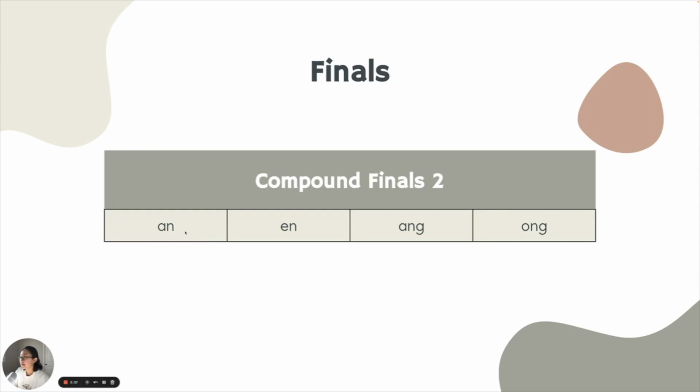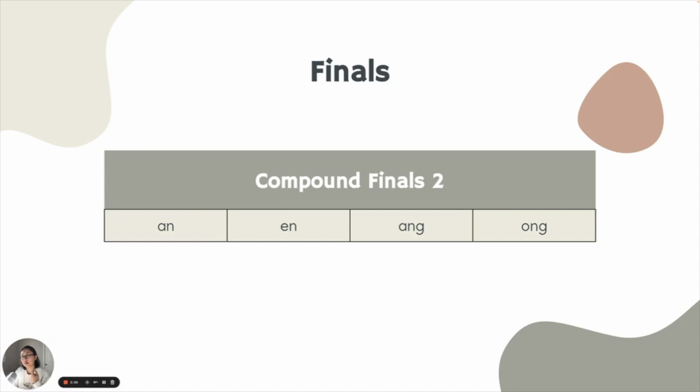Very easy. Let's take a look at the compound finals second set before we practice. Okay, it's an together, it's an, and then en together is en, and then ang together is ang. You can feel it's very behind. And then the next one, ong.